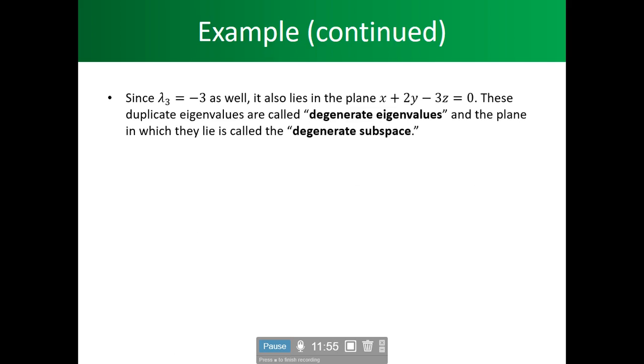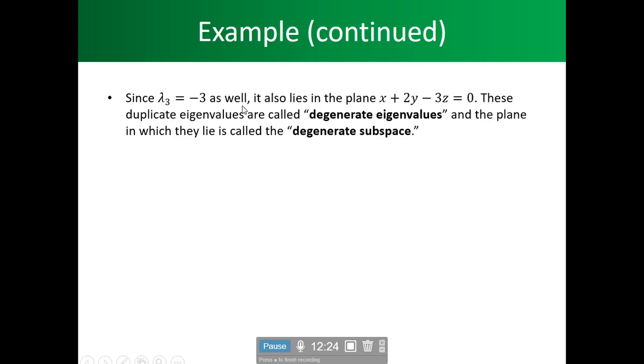Now that we have two of the same root, as I mentioned, it is called the degenerate eigenvalue. Since lambda sub 3 equals minus 3 as well, we have a double root in one spot, and it also lies in the plane of x plus 2y minus 3z equals 0.